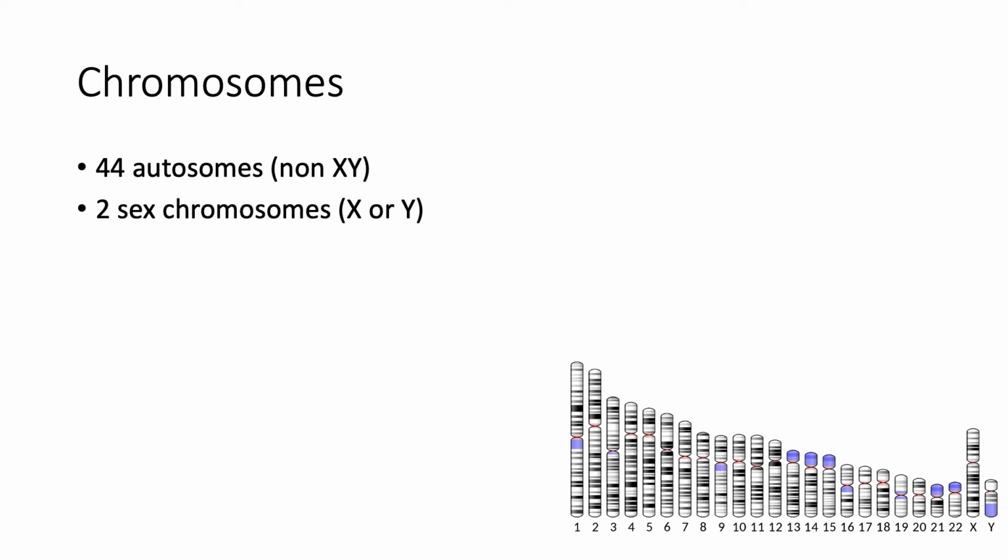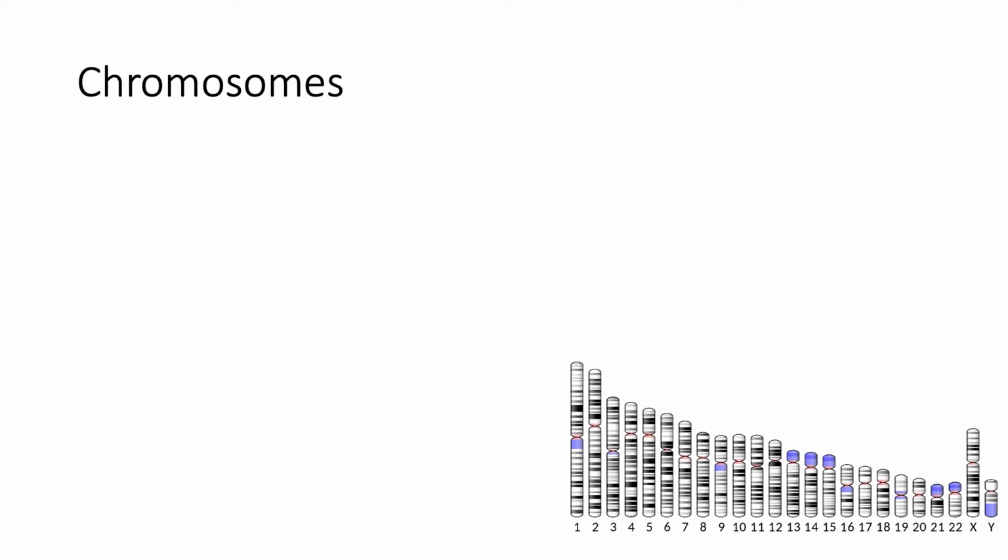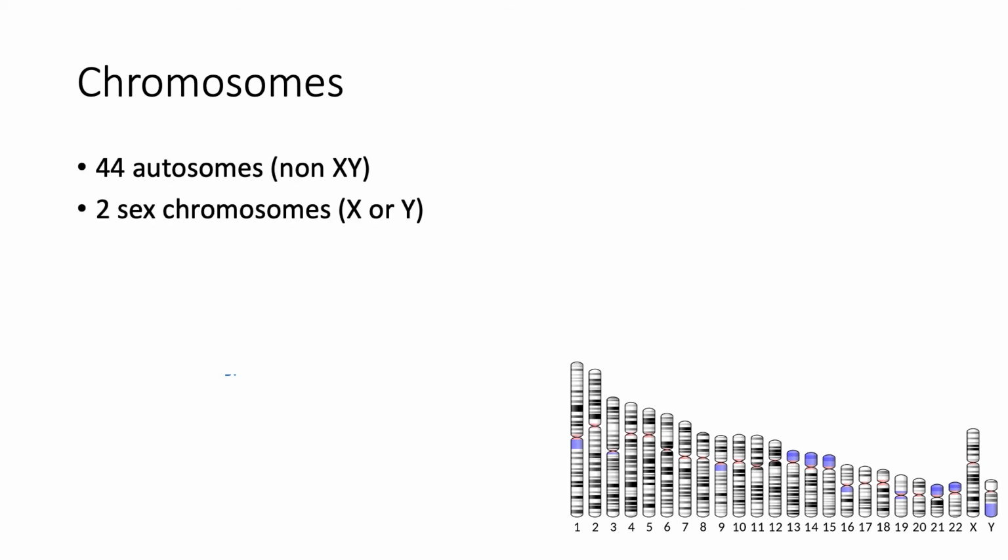All right, I'm going to quickly provide some details about chromosomes, as I really touched on them really briefly in previous lectures, and we need a more complete understanding to learn about genetics in detail. So we have 46 chromosomes, of which 44 are autosomes, or non-sex chromosomes. This means that every single human has the same 44 chromosomes with some degree of variation.